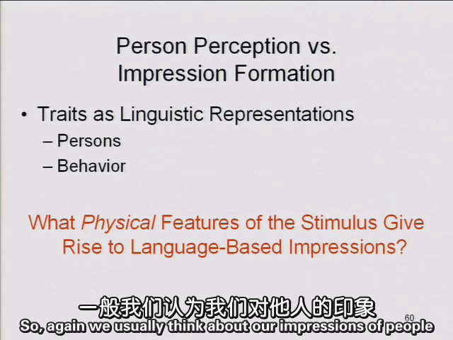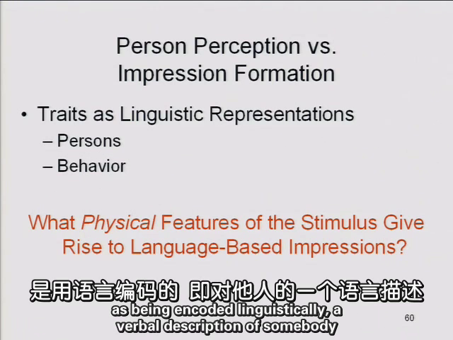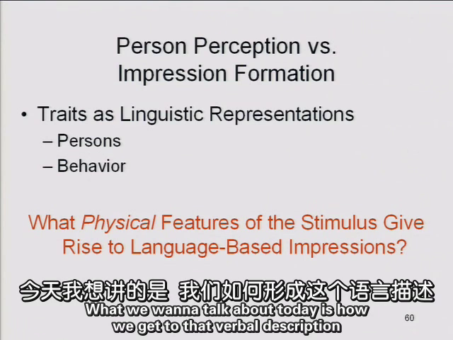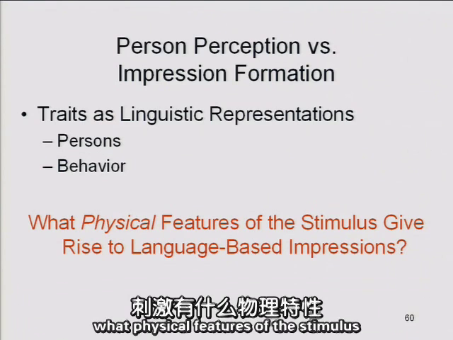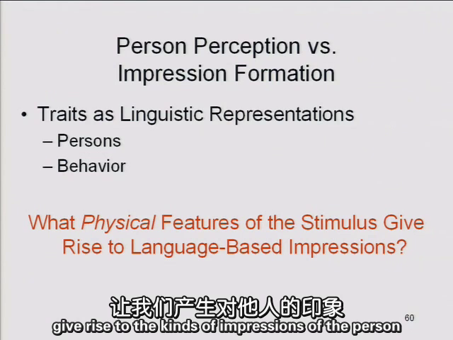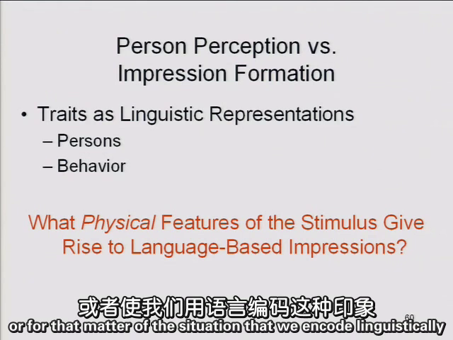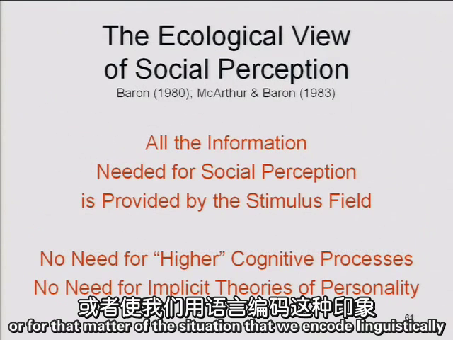So again, we usually think about our impressions of people as being encoded linguistically, a verbal description of somebody. What we want to talk about today is how we get to that verbal description. What physical features of the stimulus give rise to the kinds of impressions of the person, or for that matter of the situation, that we encode linguistically.